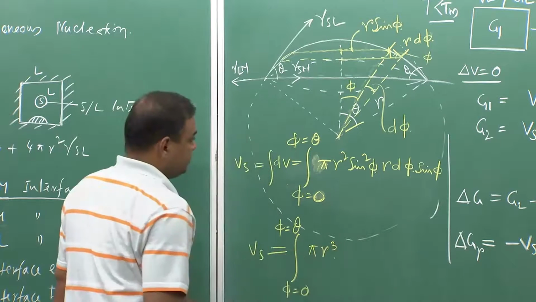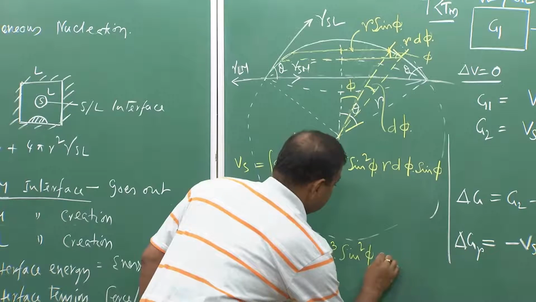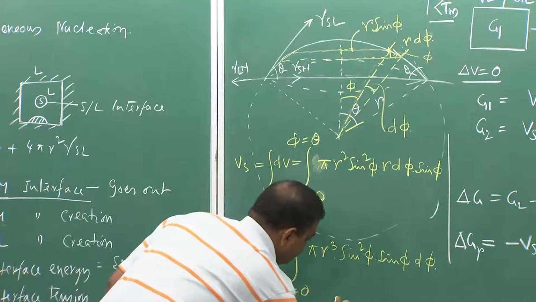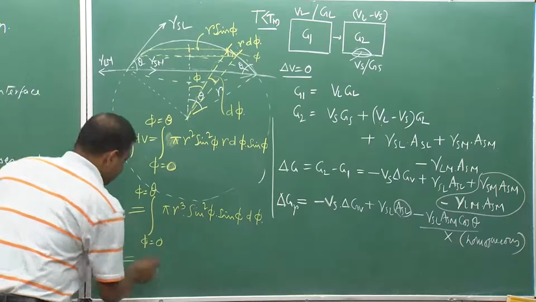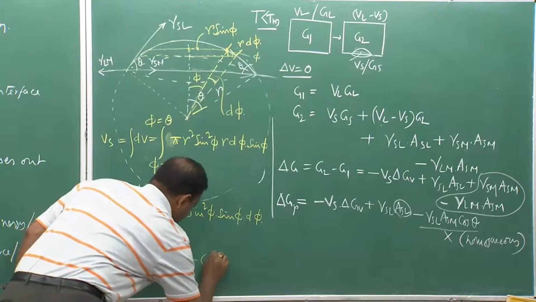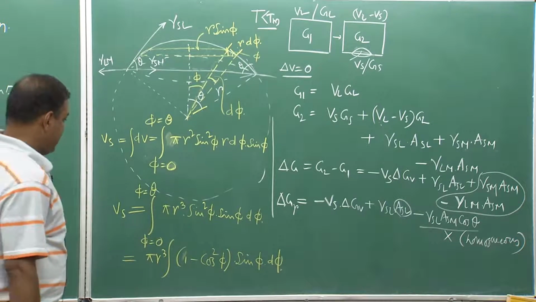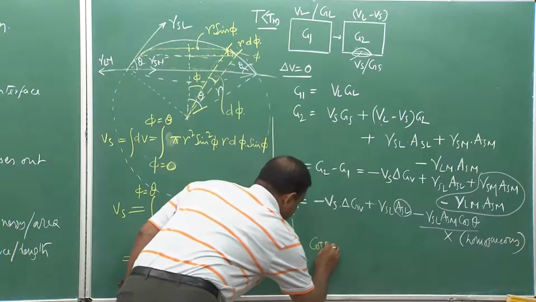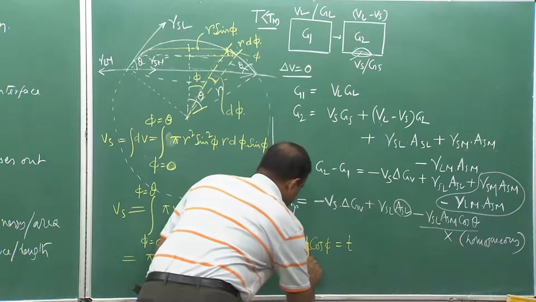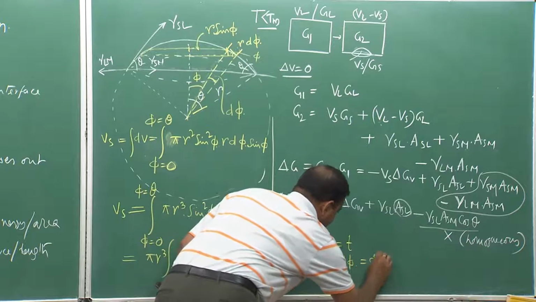Pi r cube, now I can make an adjustment, which is pi r cube sin cube phi d phi, and then if I assume that cos phi equal to t, then I can write sin phi d phi equal to dt.